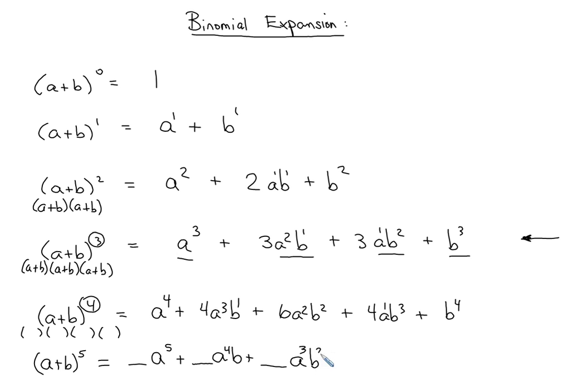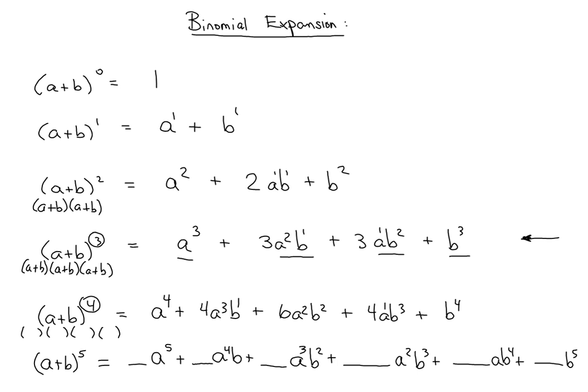Third, b to the second, plus something, plus something, and then finally, plus something with all these. So do you guys see how easy it is to fill in that pattern with the letters? Any questions on that part?